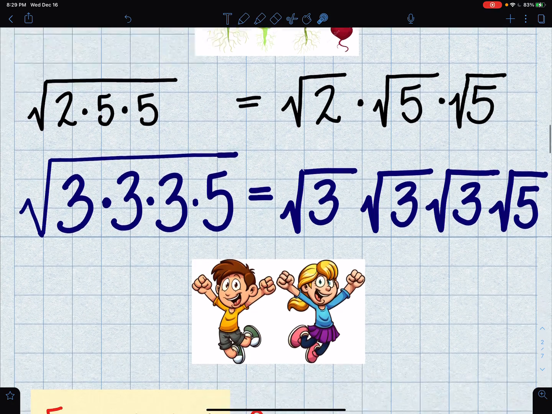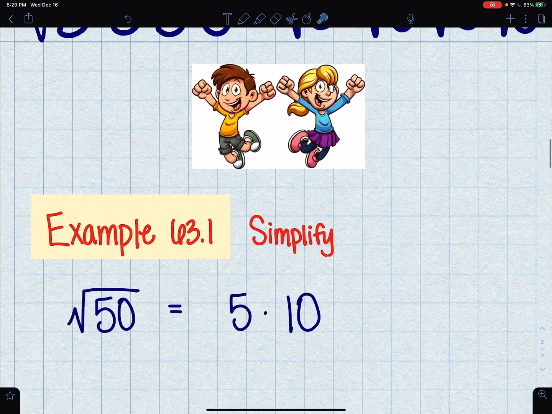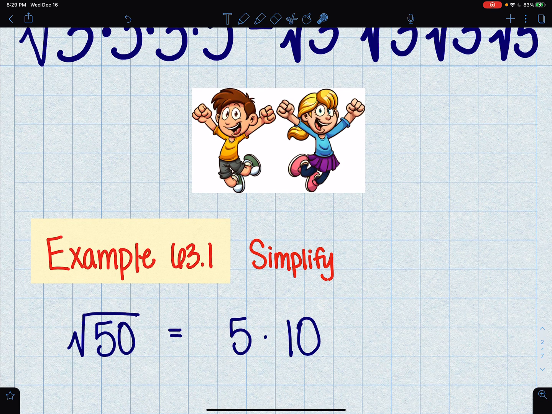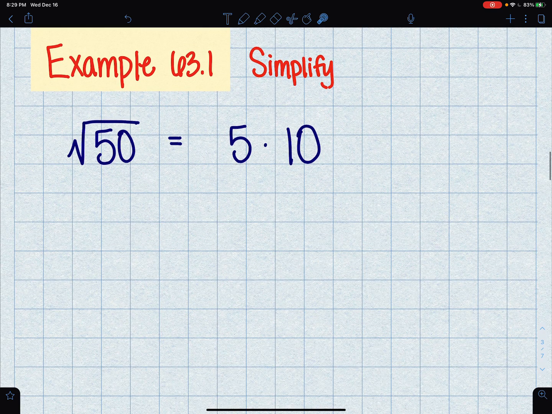All right, I know, we've got to just do some examples. Yay, examples! All right, here we go. Let's do example 63.1. This is on page 258, and it says basically just simplify. So what the heck do we do with that?